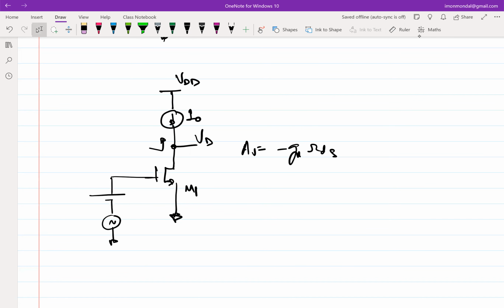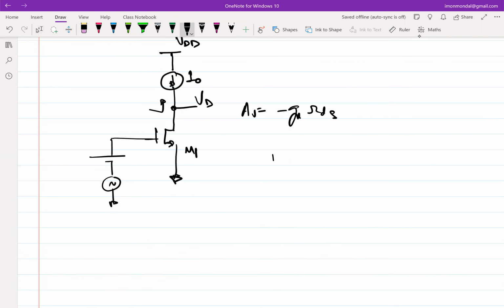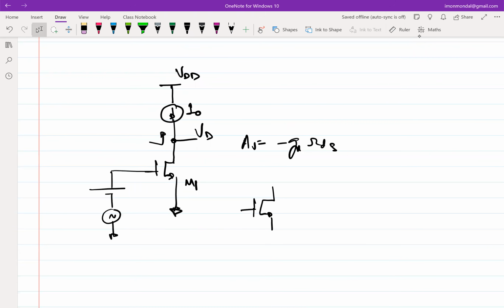You don't want the source to be pointed to this VD. Till now we have dealt with only one type of transistor, and that is NMOS. Now, if I have to replace this I0 with an NMOS transistor, what can I do? I can do this. And I say that this is maybe biased with some VB.